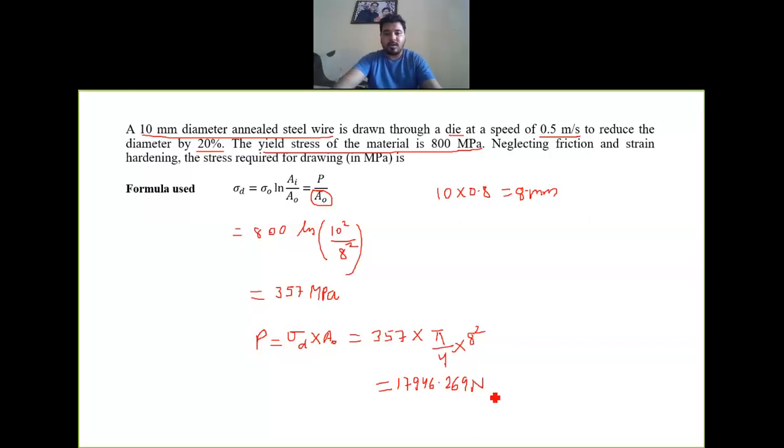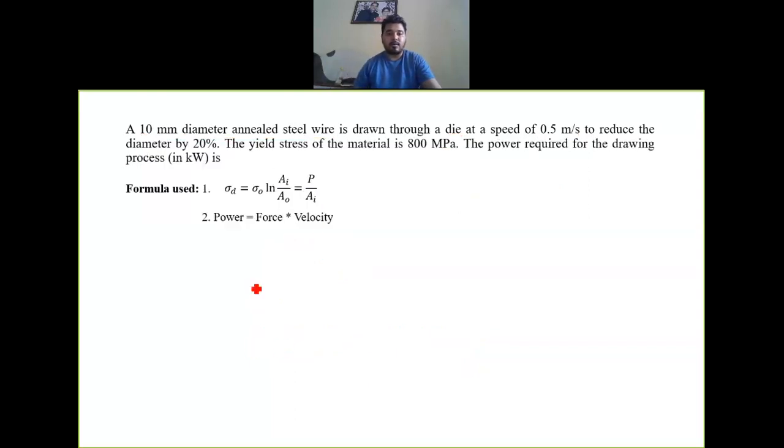The next question is linked with this question. For calculating the power, we need the force. So here I have calculated the force. Now for continuing the last numerical, we have to calculate the power required for the drawing process. The power is equal to force into velocity, and velocity is given here, and force we have calculated.